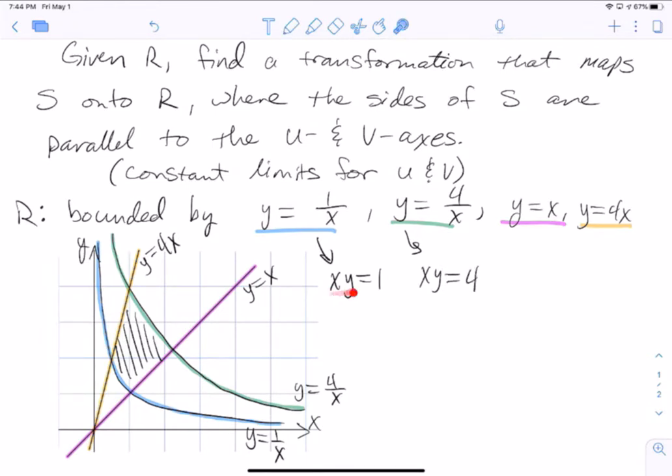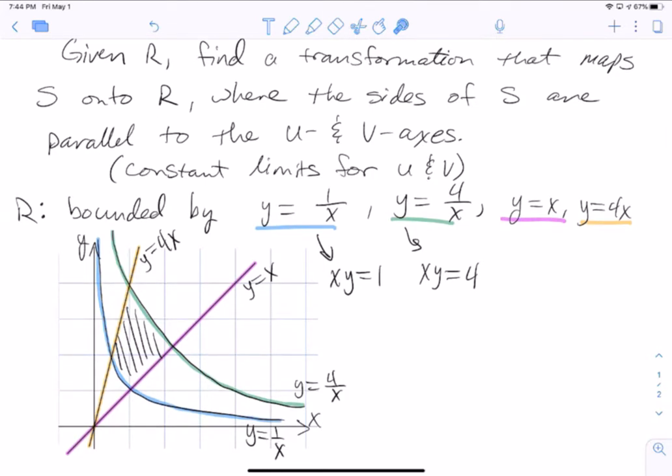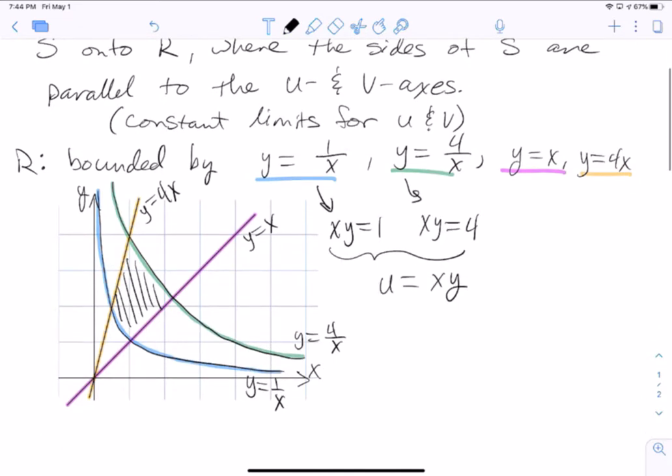The x and y are repeated, like xy equals 1, xy equals 4. That suggests to me that xy might be part of the transformation. And so based on these two, I'm going to suggest that u equals xy. And if it does, then I can see that xy goes from 1 to 4, and so u goes from 1 to 4.